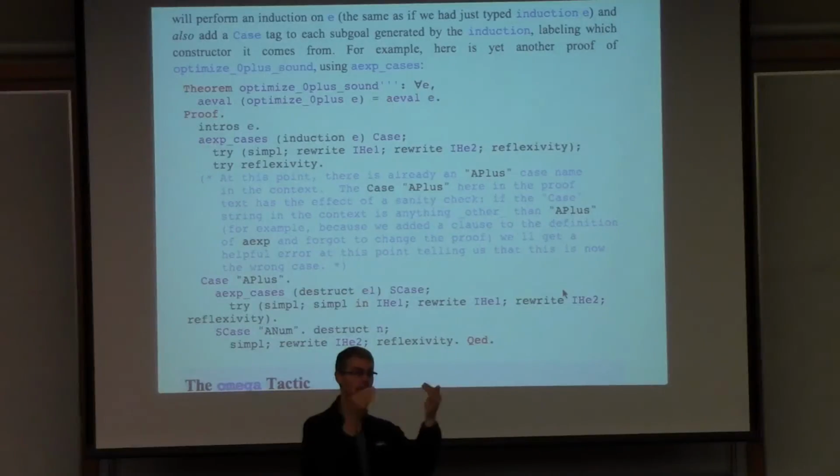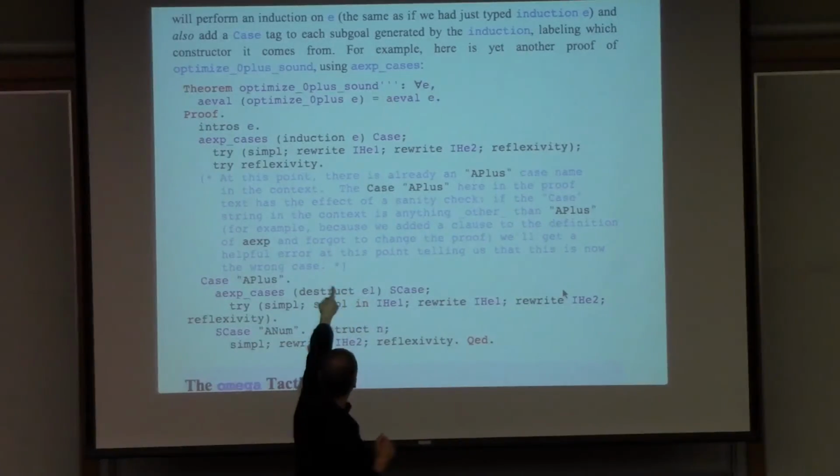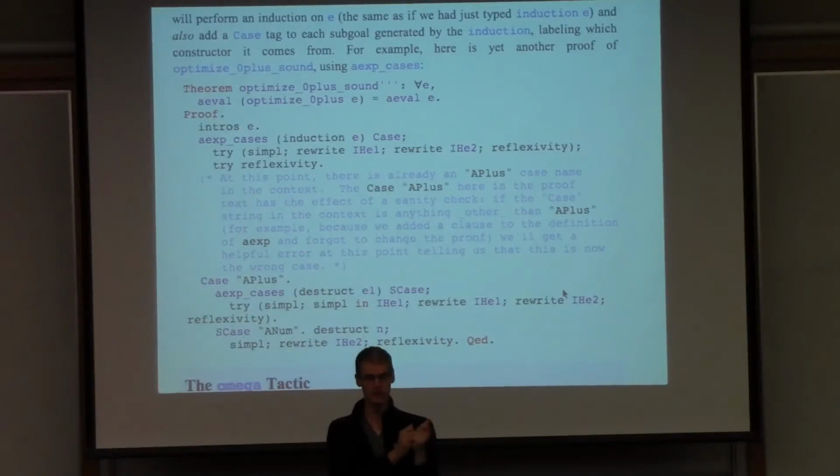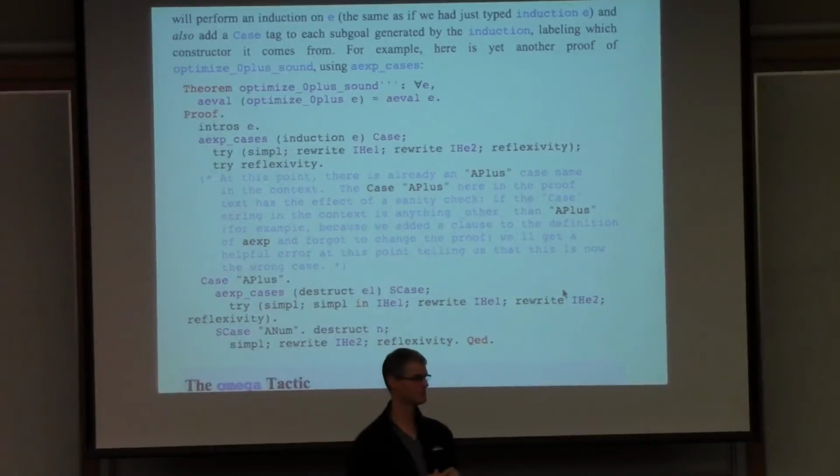And now after the period following the induction, when I get dumped into the now-you-need-to-prove-this-subgoal mode, I'm going to have a string in the context that tells me which subgoal I'm in. And this is incredibly useful.